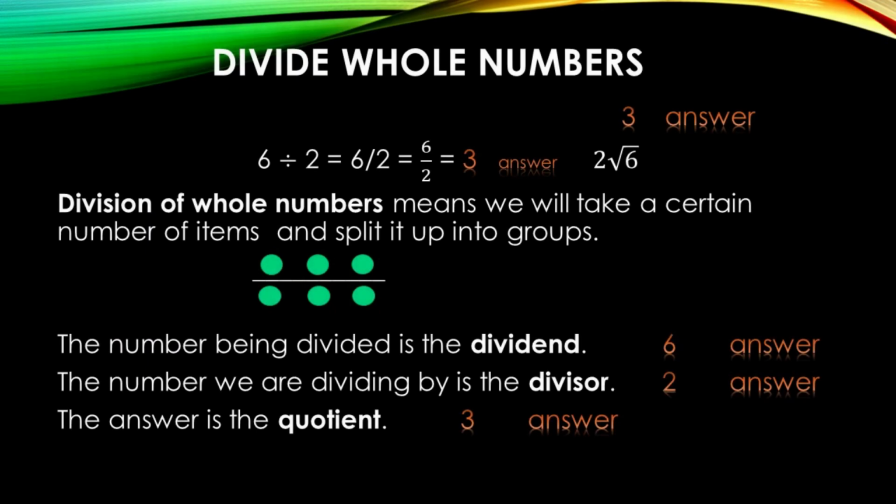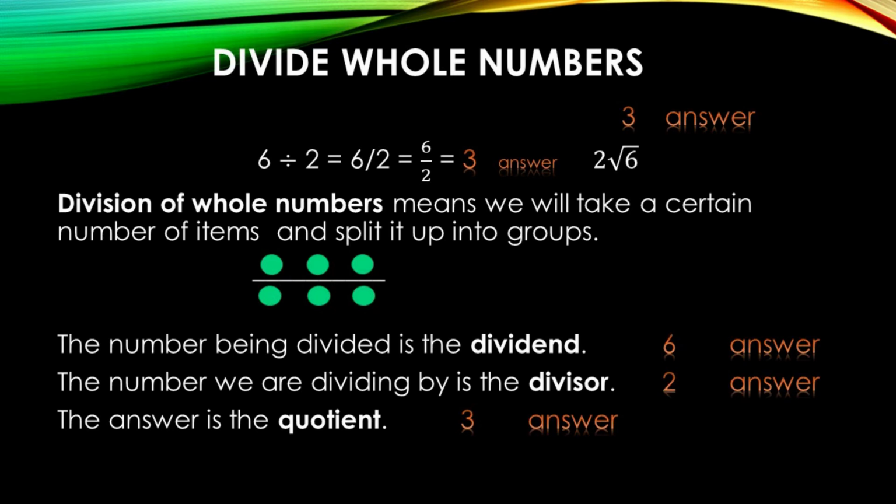Let's start by taking a look at a more straightforward example. Here we have 6 divided by 2. We should be aware there are several ways to represent division of whole numbers. Remember, a fraction bar also represents division. Then for long division problems in this way, ascertain the number of items and split them up into groups.